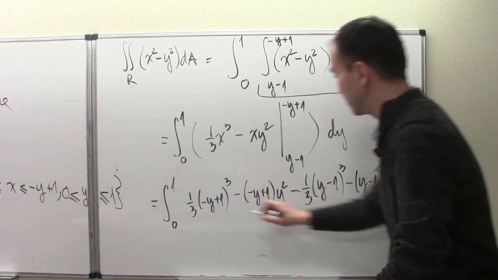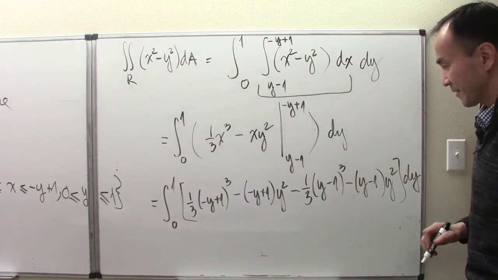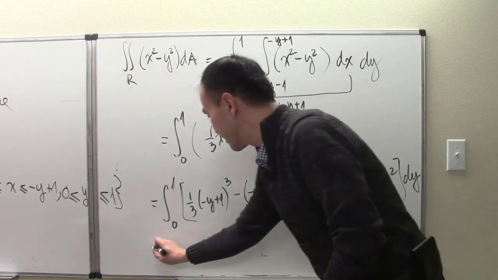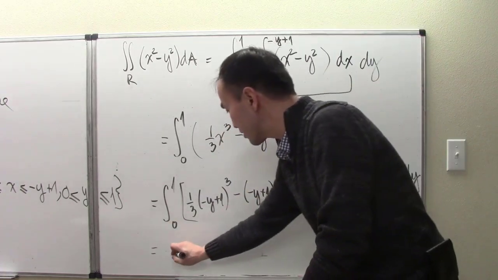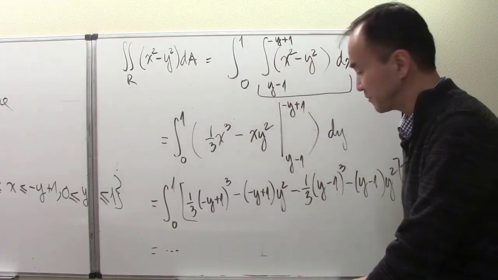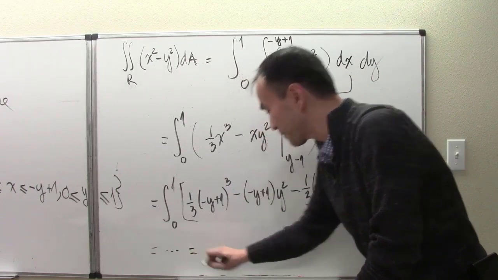All of this here will be integrated with respect to y. Anyone viewing the lesson here is fluent enough with this easy work, so I'm going to leave the steps for you, for students who learn with me, to pull that through.